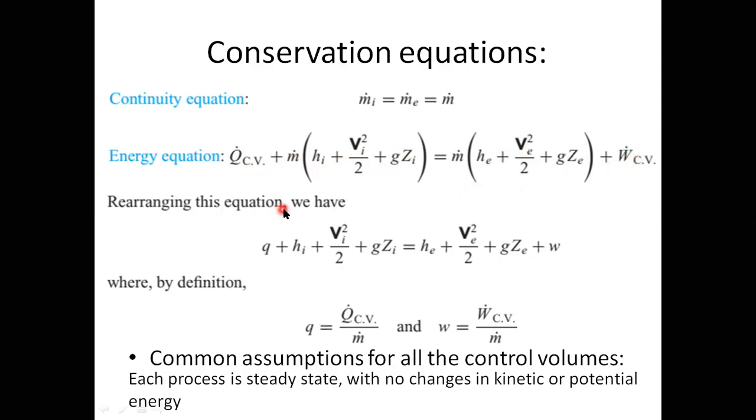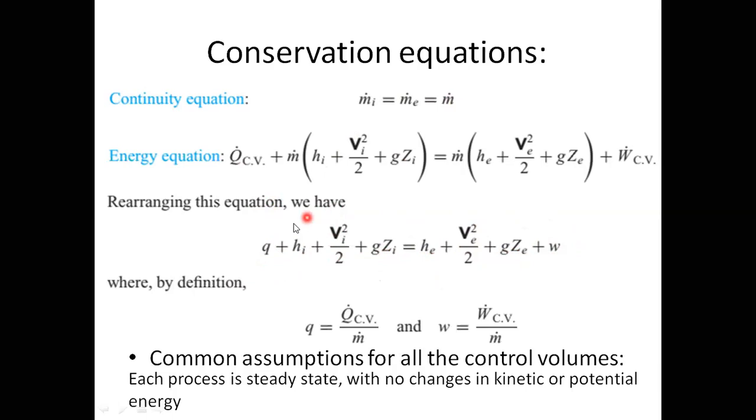Now after rearrangement, that is division by m dot, we get the energy equation per unit mass, that is small q plus Hi plus Vi square by 2 plus g zi is He plus Ve square by 2 plus g ze plus small w, that you already know.